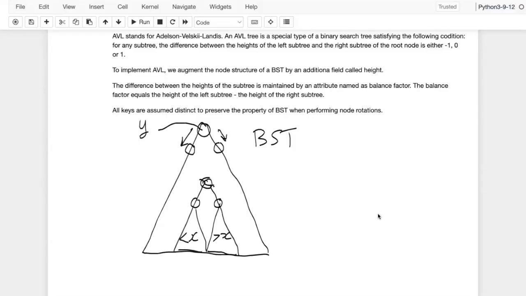If y is equal to the root, that means that we have found it. So if this tree has a height h, then searching for the key in the tree will take big O of h steps.